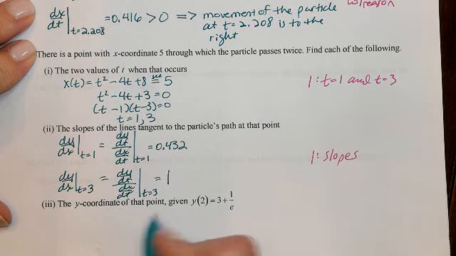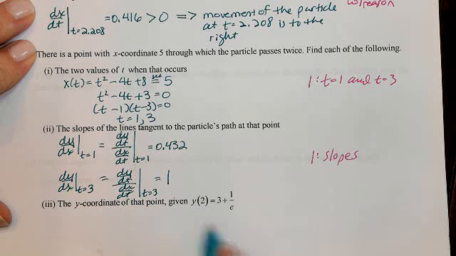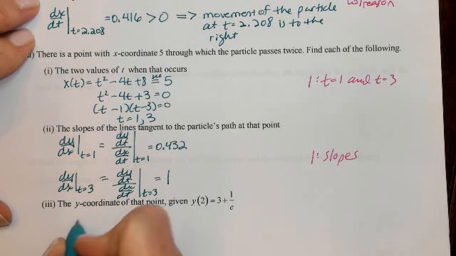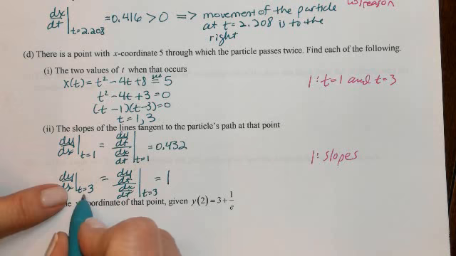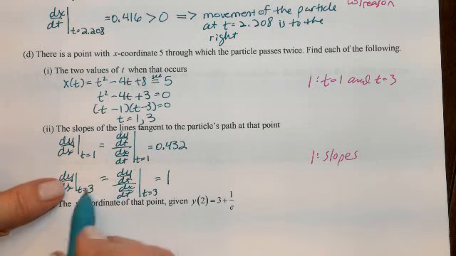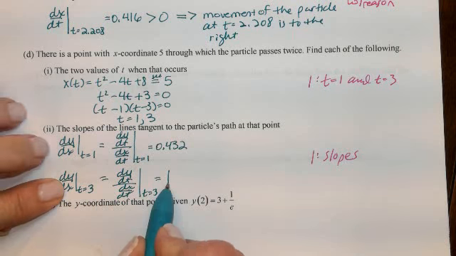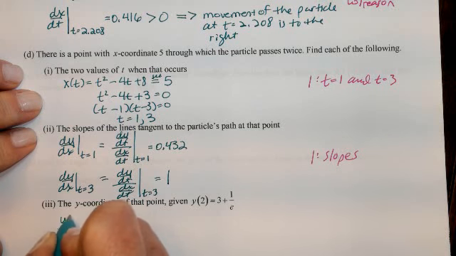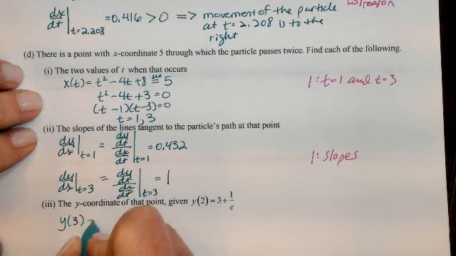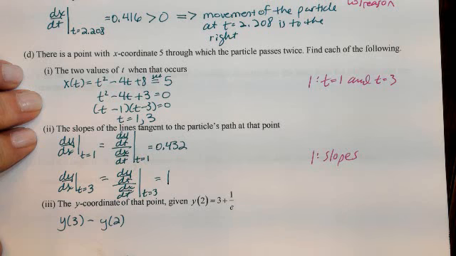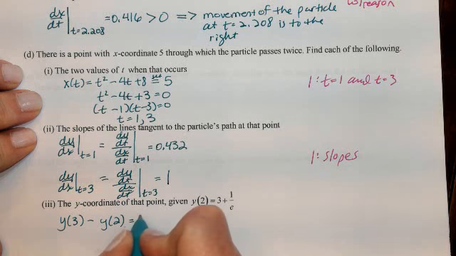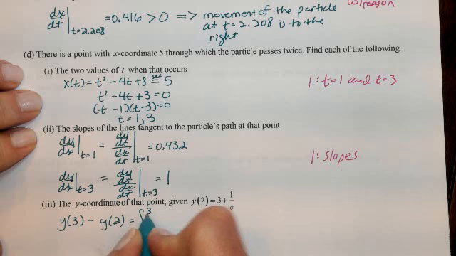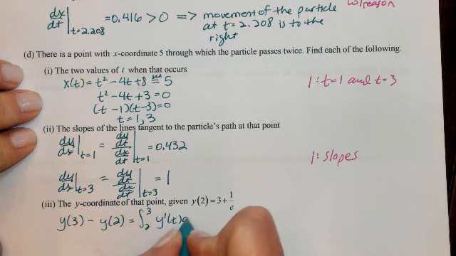But if you don't trust that, then it won't take you too long to just find both of them, and you'll see that they are the same. Okay, so since they're the same, I'm going to set up the first fundamental theorem. I think I'm going to use this one with the 1 here. So the y-coordinate at time 3 minus the y-coordinate at time 2 is equal to the integral from 2 to 3 of y prime, first fundamental theorem.